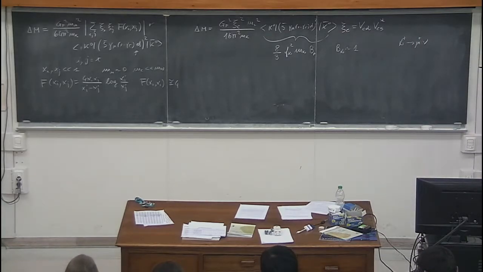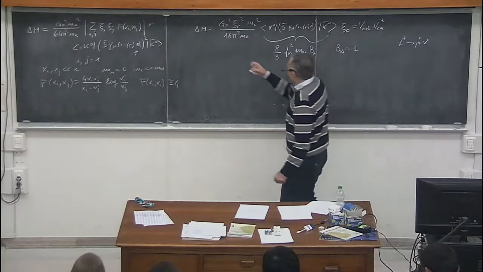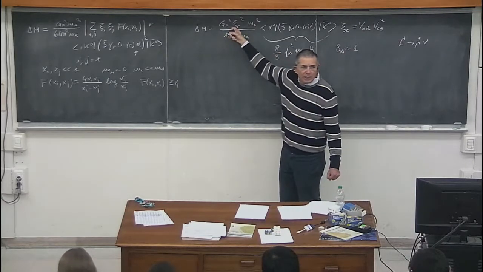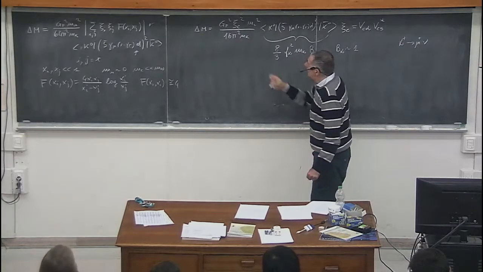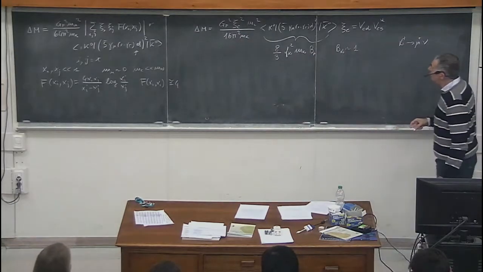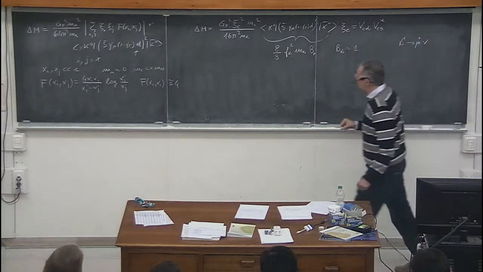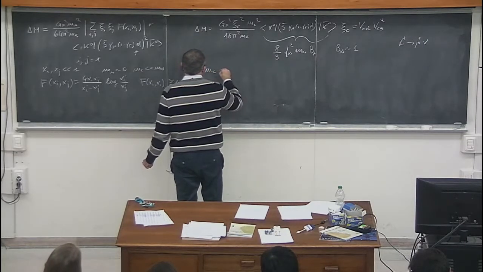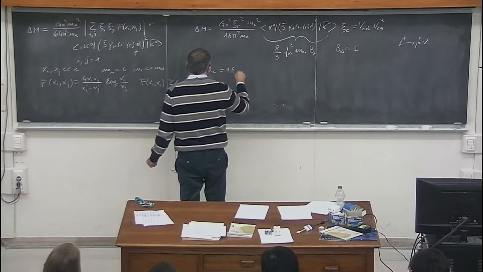So I was saying you end up with a relationship in which everything is known here, because psi_c is a function of the Cabibbo angle, delta M is measured, and so on. So you can invert this relation and get an estimate for the charm quark mass. And what you get is something which is quite close to the measured value, which was quite a success at the time.